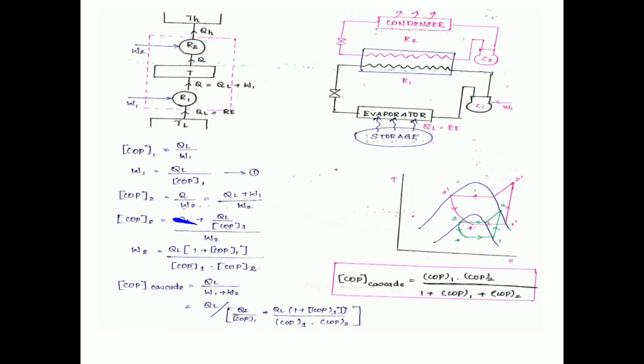and from this diagram, Q is equal to QL plus W1. So the heat absorbed from the lower temperature plus the work input to the first compressor is equal to Q. So COP of the second compressor is equal to (QL plus W1) divided by W2.